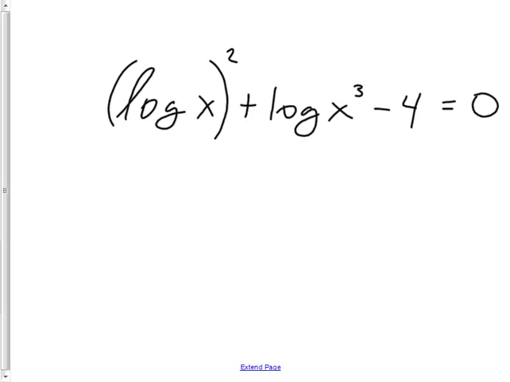Try a U-Substitution to solve that. Anytime you think it's going to be a quadratic, because you have something squared, something that's not squared, it's probably quadratic. Then you do a U-Substitution.